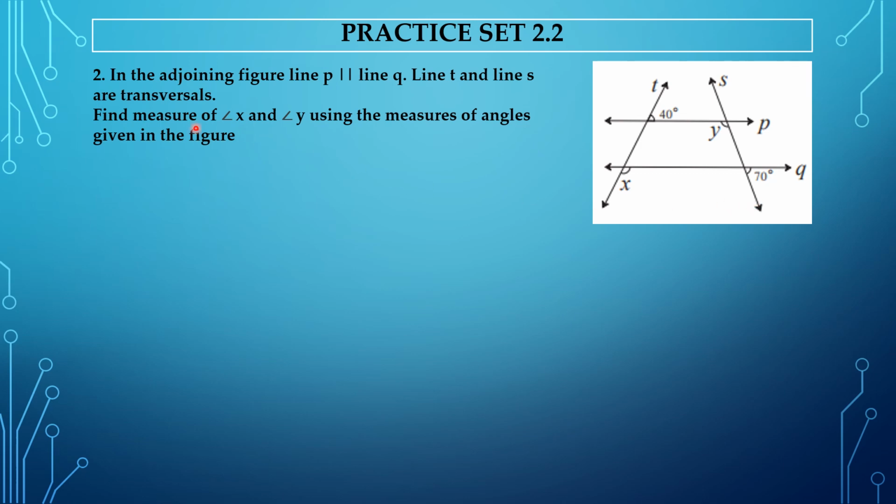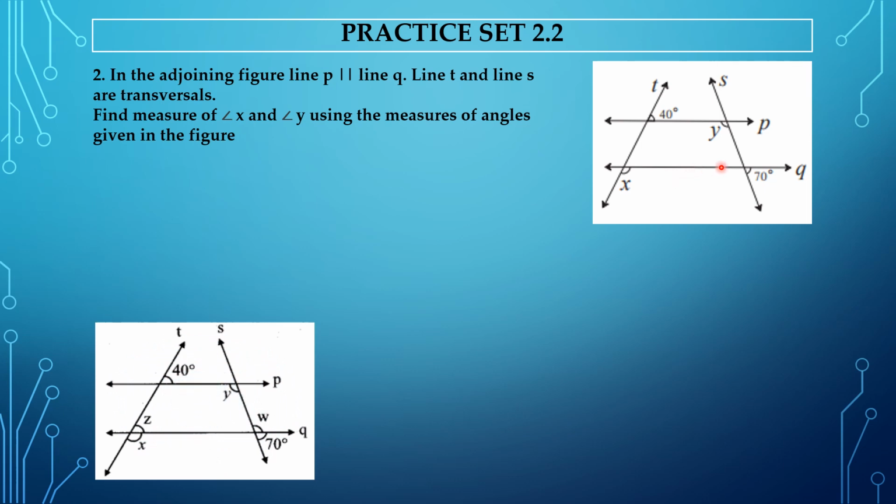You have to find the measure of angle x and angle y using the measures of angles given in the figure. Here is angle x, and angle y is here. You can see one angle of 40 degrees given and another angle of 70 degrees. We'll use these to get the values of x and y.